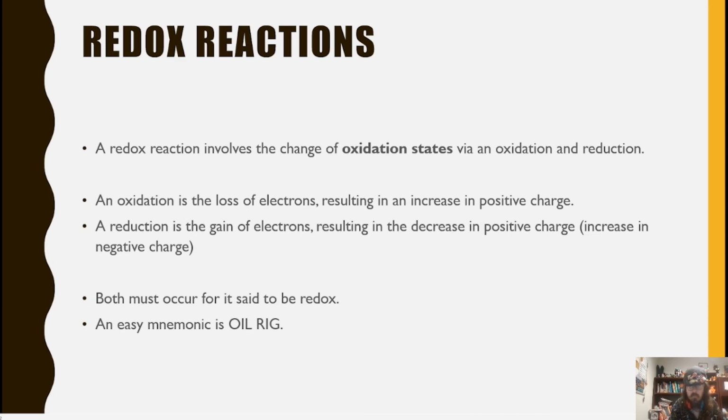So before we go into redox, I want to pull up some examples and once again do some examples of some of these reactions.